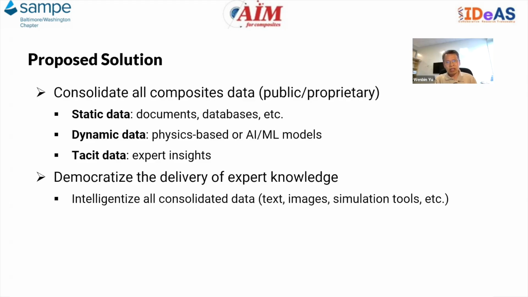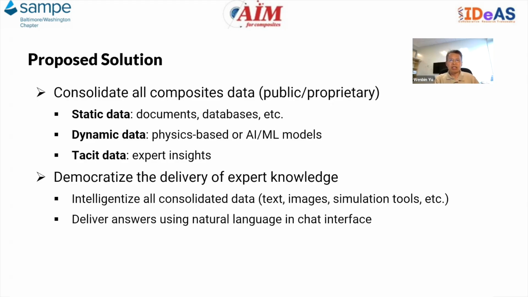Once you put everything together, you want to intelligentize the consolidated data. You have text, images, and simulation tools, and the most democratized way is that everybody knows how to type, or speak in their own language. So if we can use this expert knowledge to deliver answers using natural language in a chat interface like ChatGPT right now, that would be great.